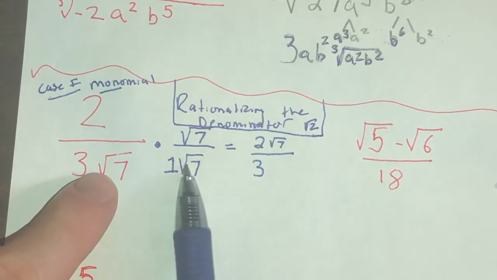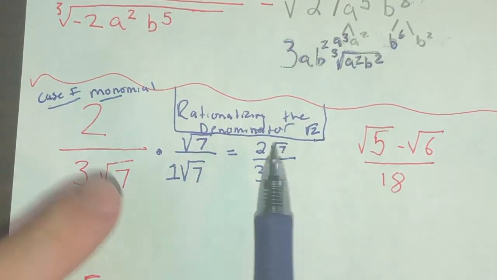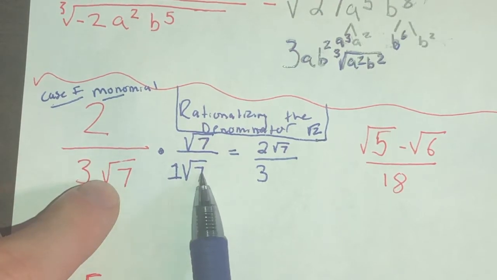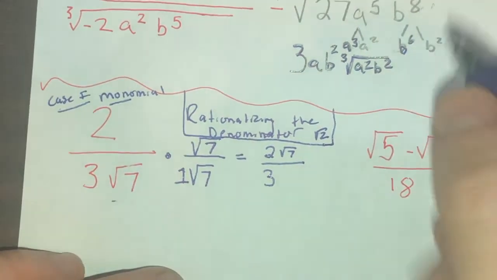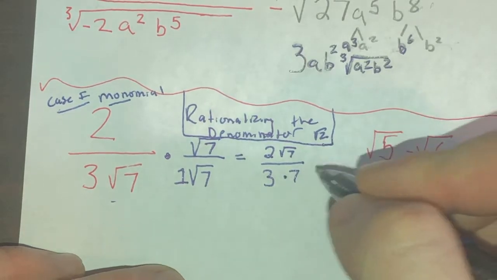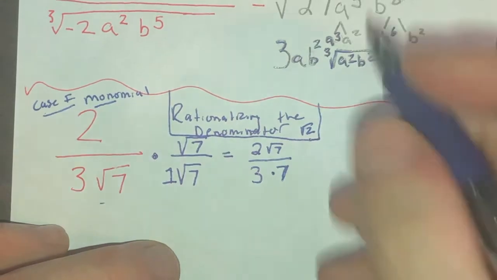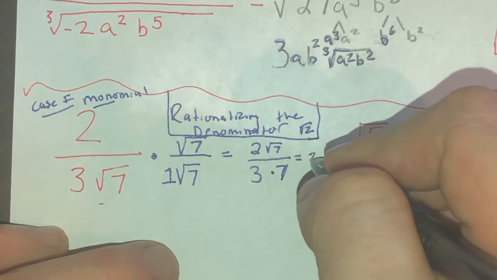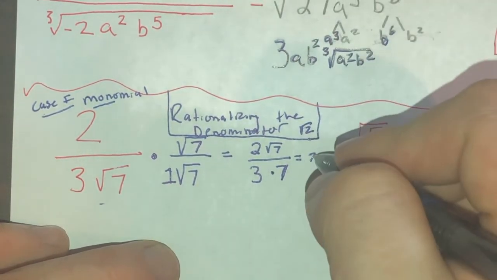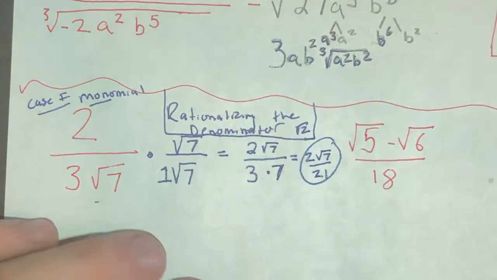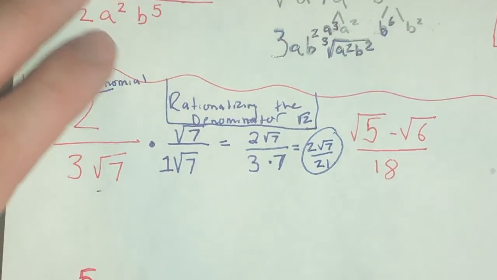And so remember, when you take a square root and multiply it by another square root and the numbers underneath are the same, they cancel out, right? We're going to talk about this idea of inverse operations a little bit later in the current unit. So what we have is 2 square root of 7 over 21. And that's as simplified as we can get it.